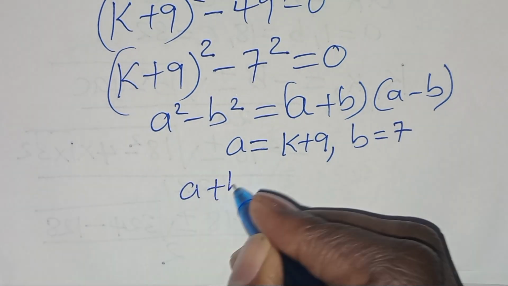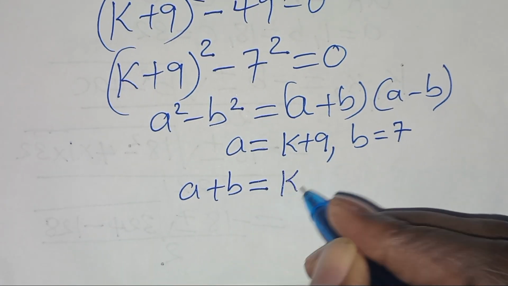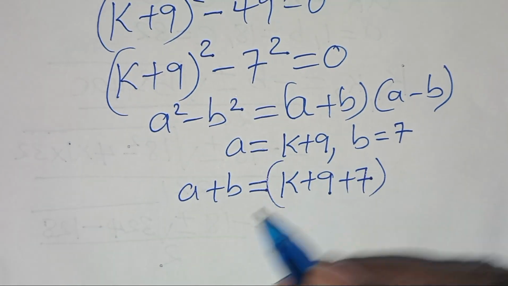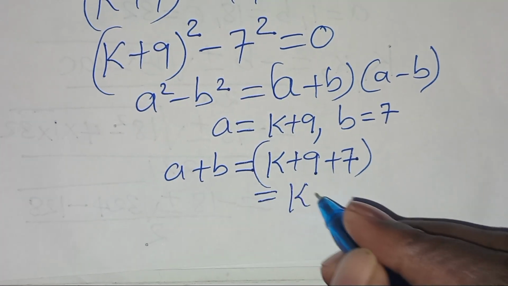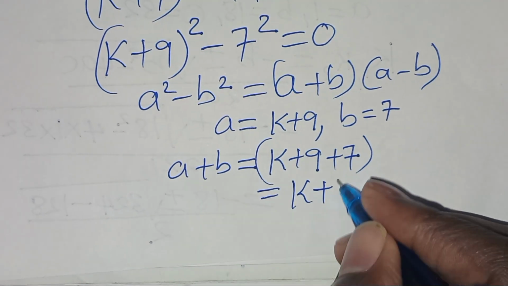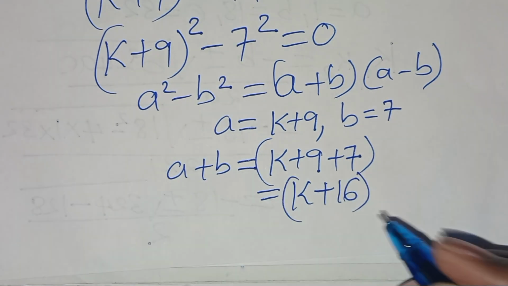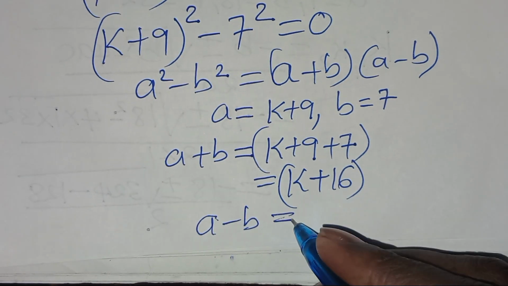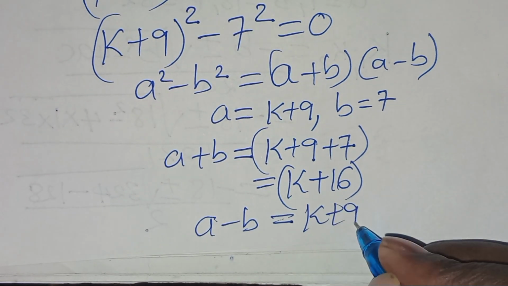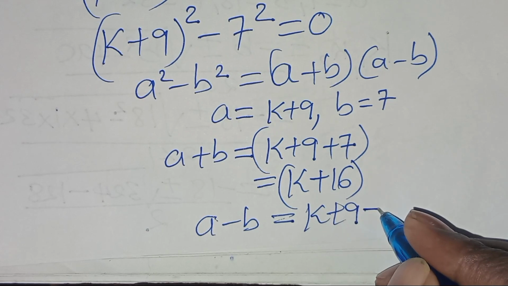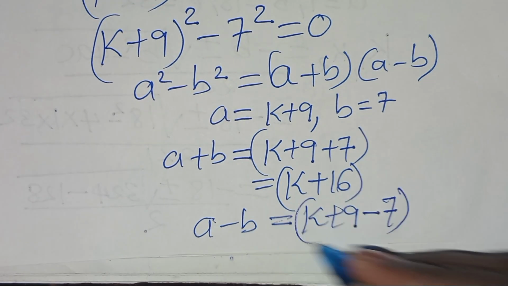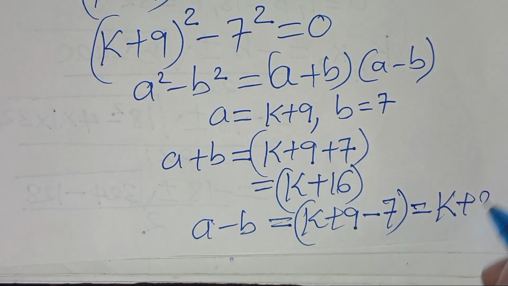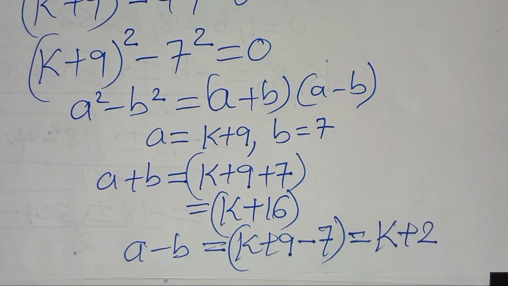So a + b in this case is equal to k + 9 + 7, which is k + 16. And we have that a - b in this case is equal to k + 9, then subtract 7. So this is the same thing as k + 2.